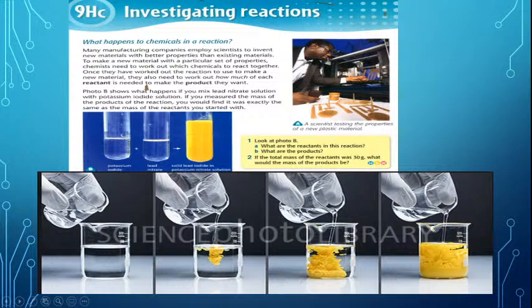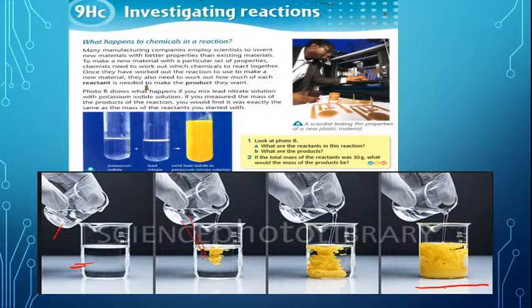When you mix them together, you can see a yellow color precipitate is formed. Initially both were colorless solutions, but when you mix them, it is going to form lead iodide, the yellow color precipitate, and you can see a solid separate from the solution during this reaction.